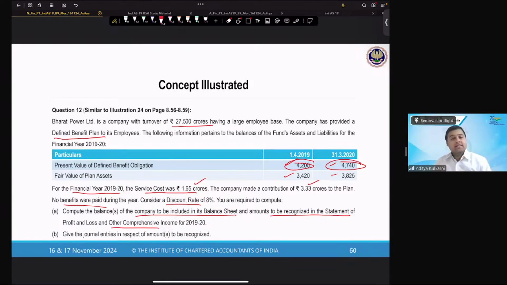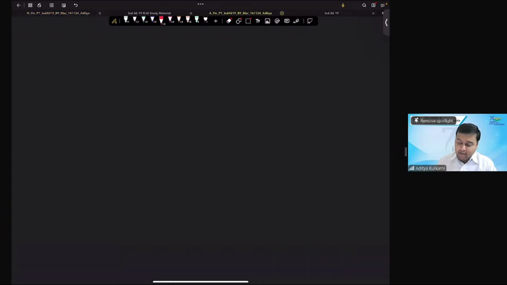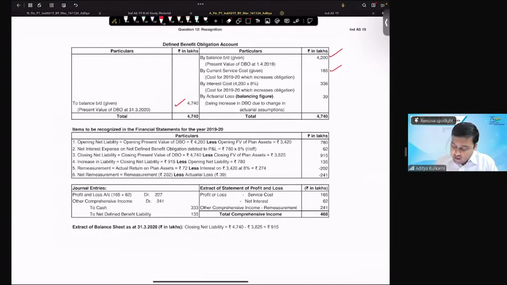But there is one thing that you will have to do. On 4,200, do I have to unwind this discount and show it as a finance cost? Answer is yes. Show it as an interest cost. So therefore, 4,200 into 8%. This is your interest cost of 336. Are we okay with this unwinding of discount?